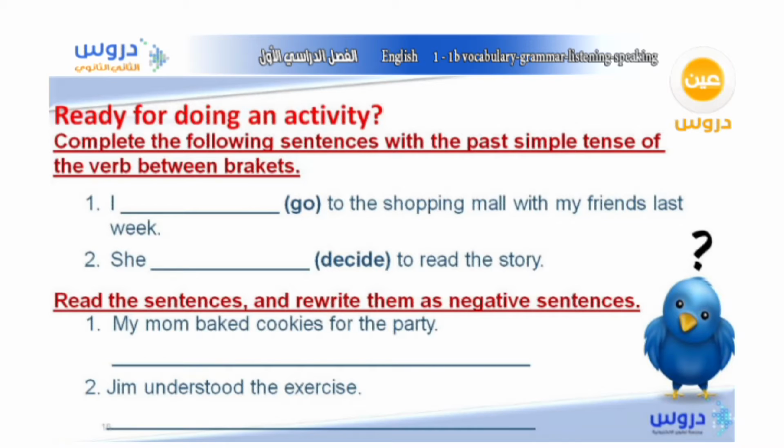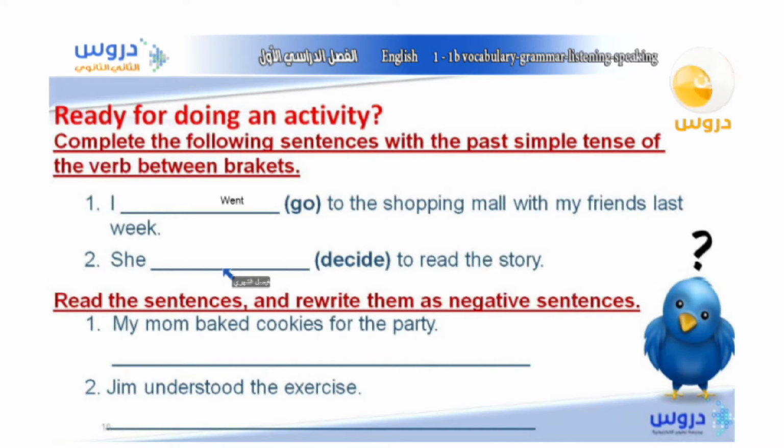My mom baked cookies for the party. Okay, I need you to make a negative sentence, which means use did not. Can you try that with the sentence? My mom baked cookies for the party.